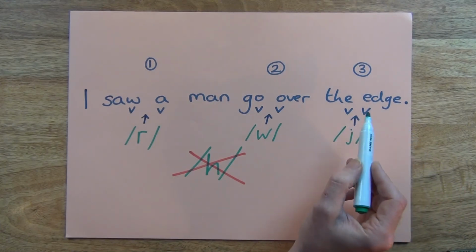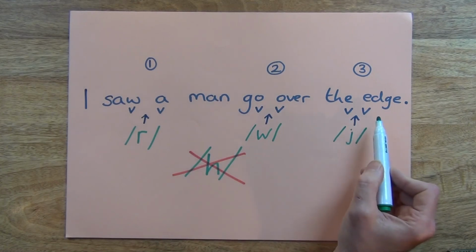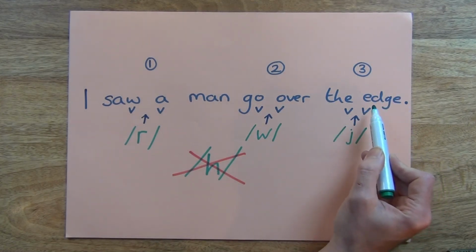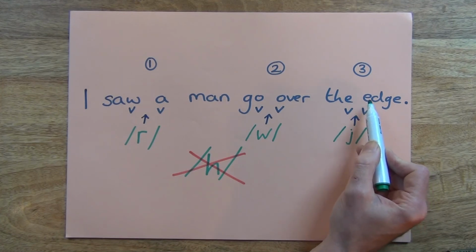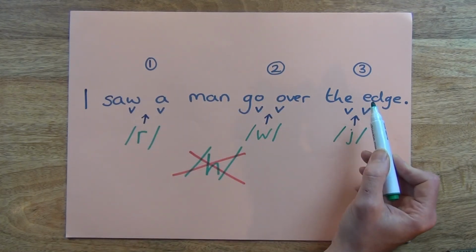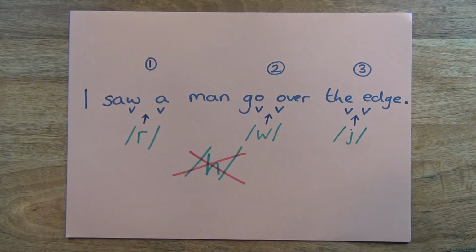Okay, so let's repeat the sentence, but we're going to build from the end of the sentence, starting with number 3, then to number 2 and 3, and then 1, 2 and 3, until we can say the whole sentence correctly. So, listen and repeat after me.